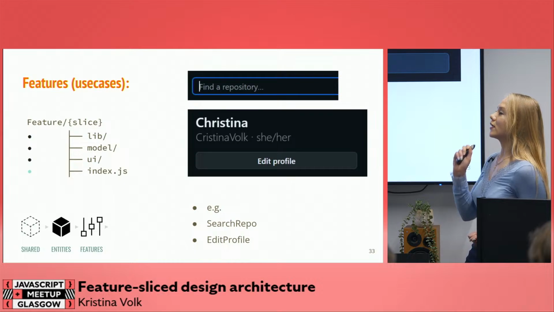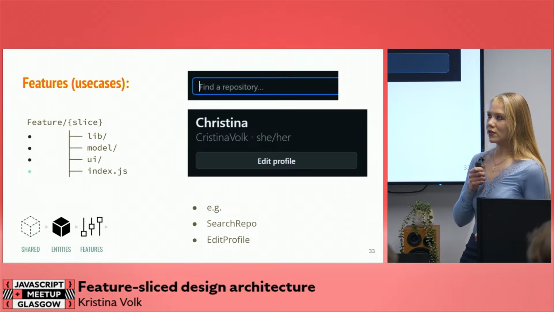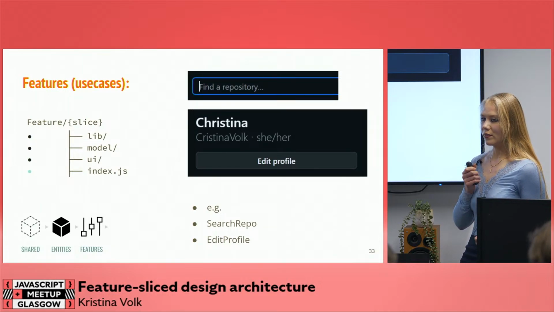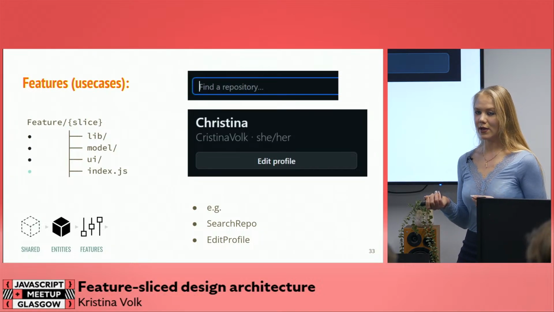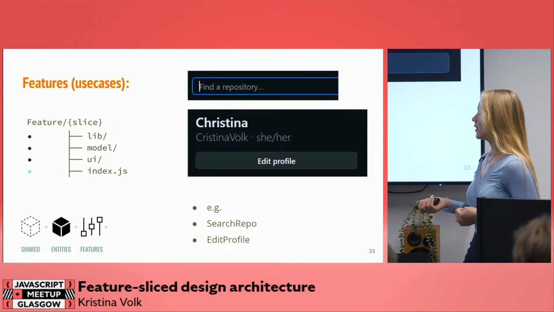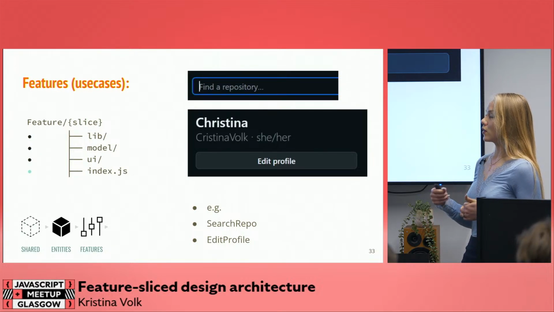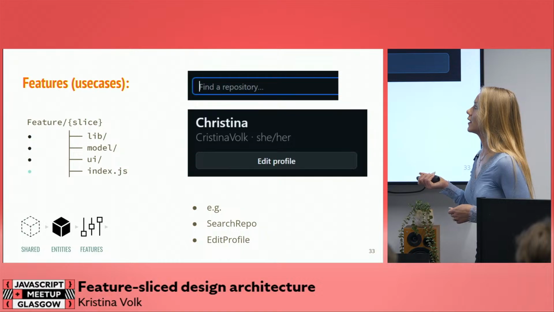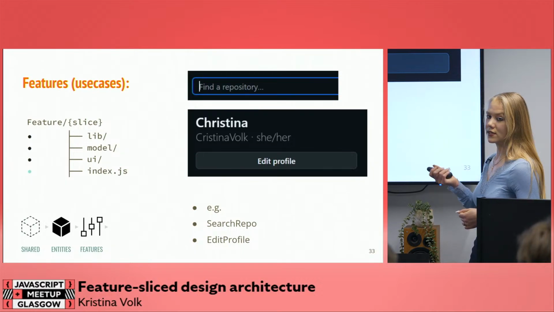Moving up one layer more, so feature is actually our use case. If we recall a UML diagram, when we have for example, an actor and it can make some actions. So for example, login, search something, paint the wall. So this is our action, and we can define a use case for it. So this is again edit profile. It's our action.